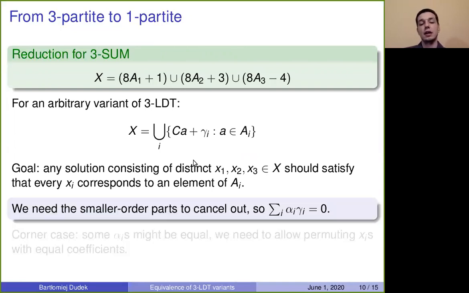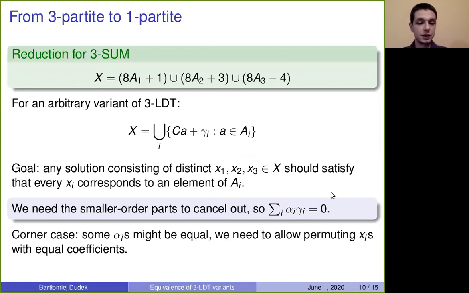And in particular, we'll require that the smaller order parts cancel out, so the sum of alpha i times gamma i is 0. And there is a technical detail that some alphas might be equal, and we need to allow permuting x's with equal coefficients. So that's what we need to remember about.